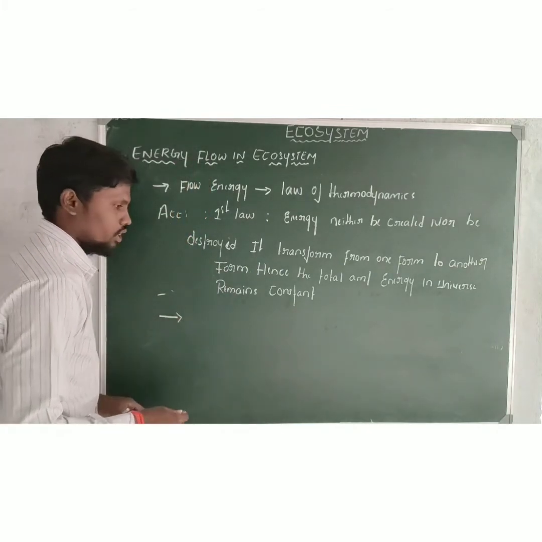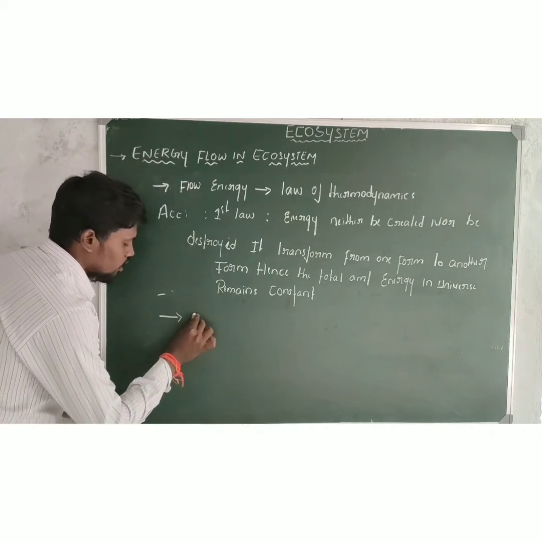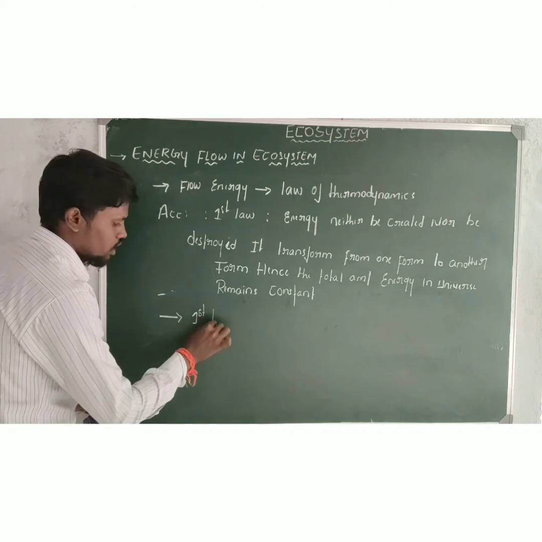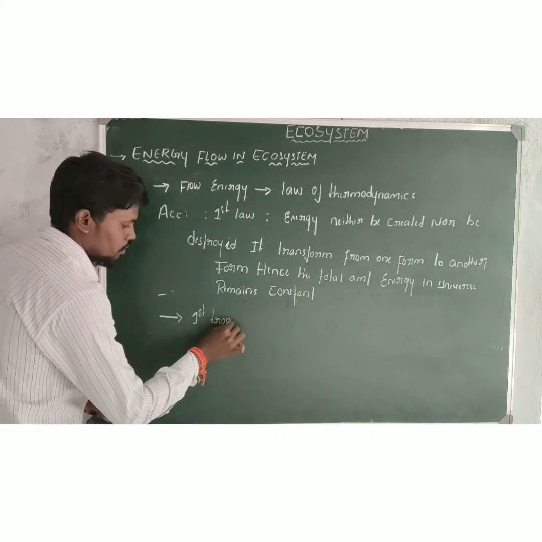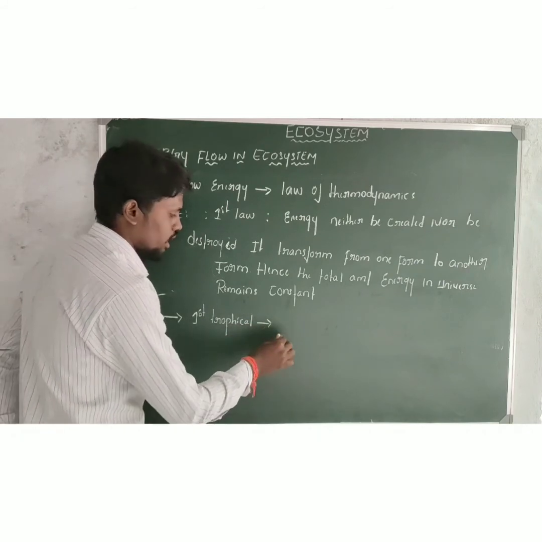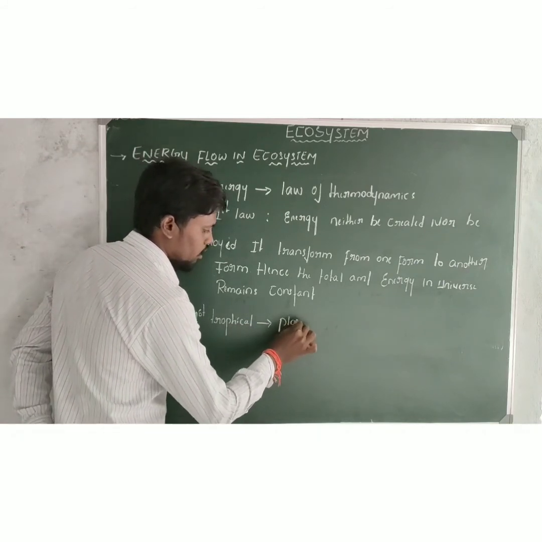Next, what happens here? See, the first trophic level in the ecosystem, that is the plant.